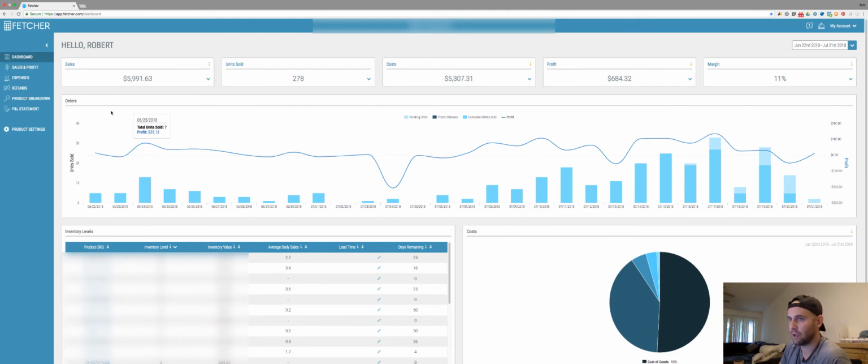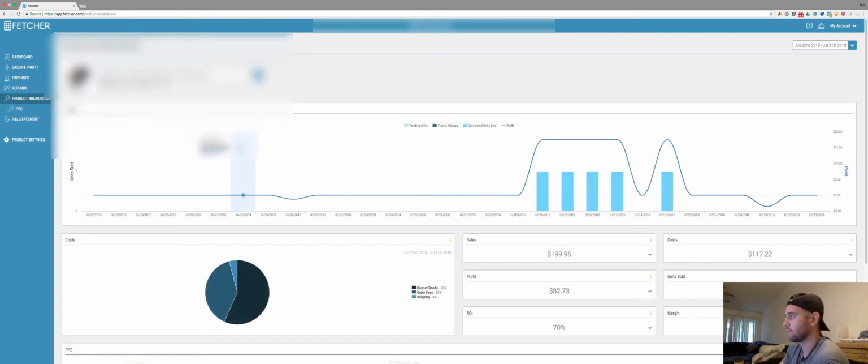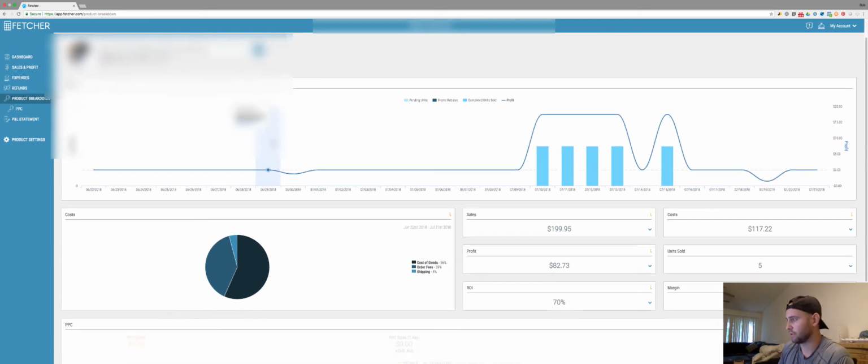The most important tab that you can look at here on Fetcher really is your product breakdown. And I think this is the whole reason why everyone should have this, or at least something like it. This page takes each SKU that you have in your inventory and tells you what your numbers are, okay? So it gives you, once again, your sales, cost, profit, units sold, return on investment, and margin. As you can see on this particular product, I did really well.